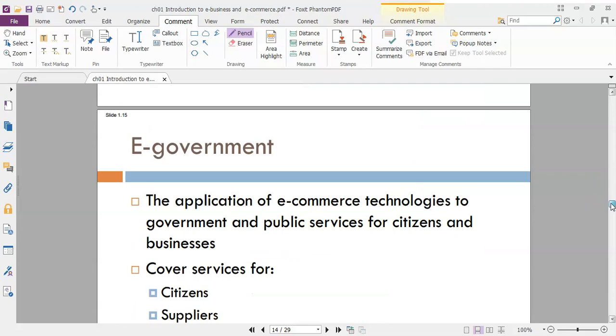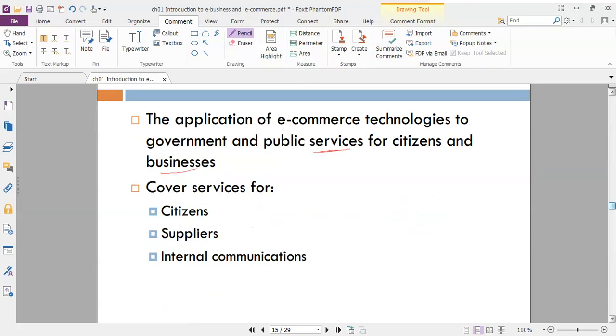So let's look at e-government. E-government is the application of e-commerce technologies to government and public services for citizens and business, as I mentioned before. One example is the Inland Revenue Board, LHDN.